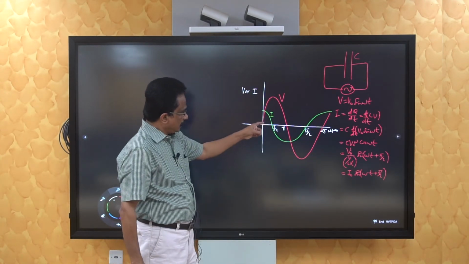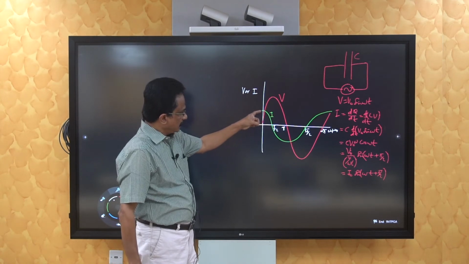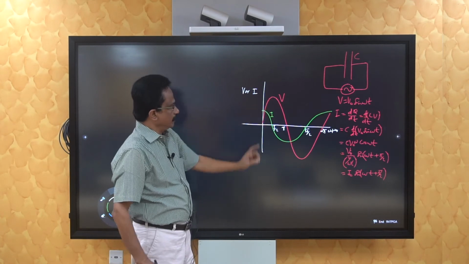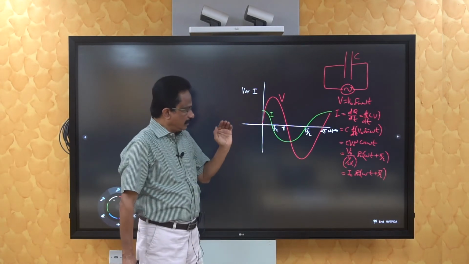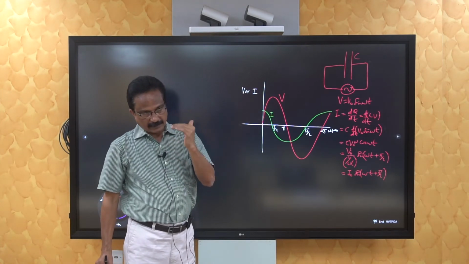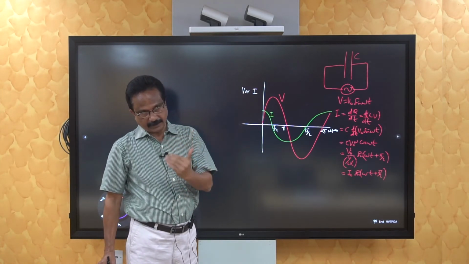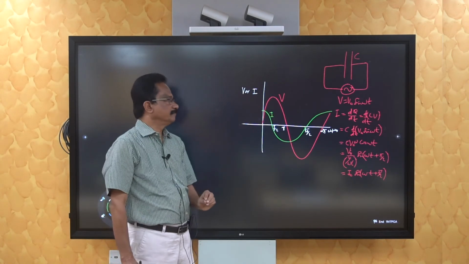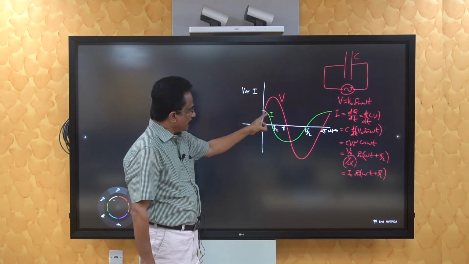Now the current appears first. The peak of current appears first. Then voltage appears later. We identify a quantity which leads in a particular situation by noting the appearance of its peak. Here the peak of current appears first.